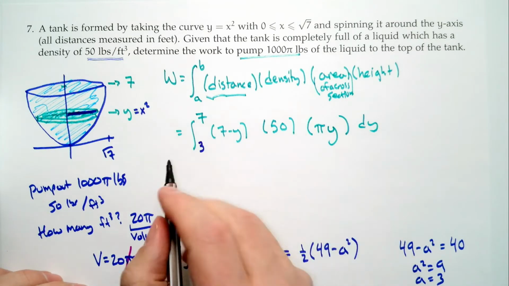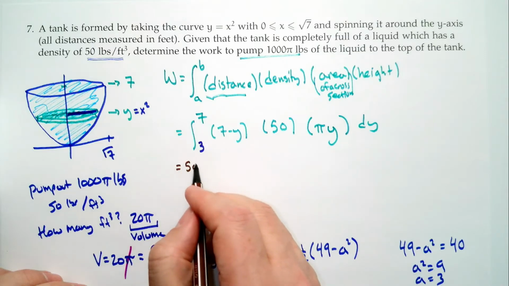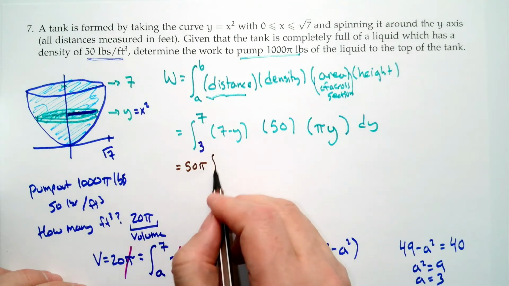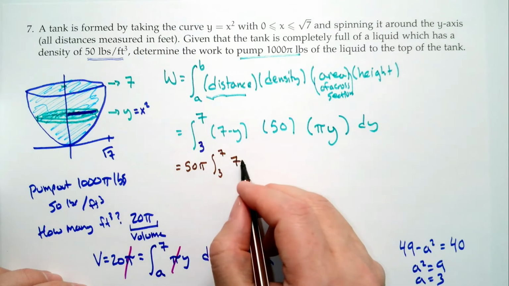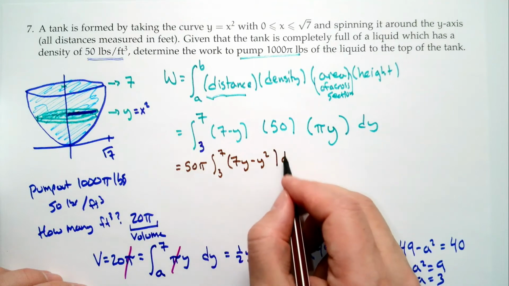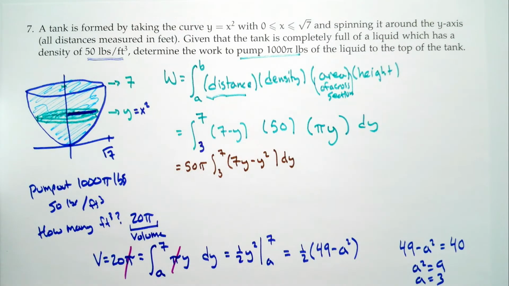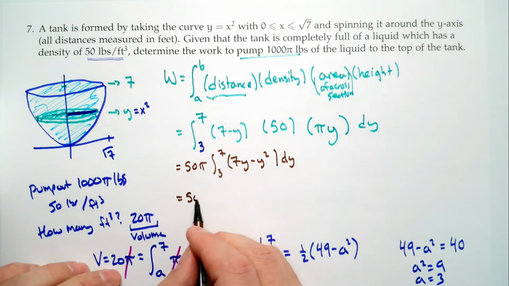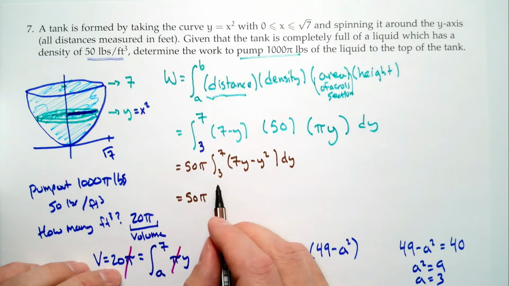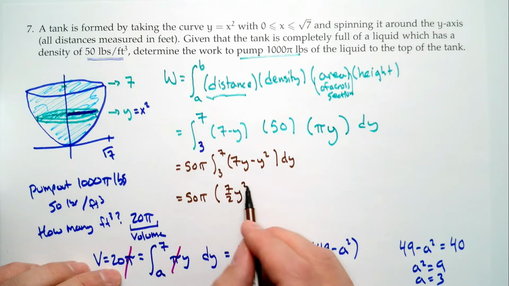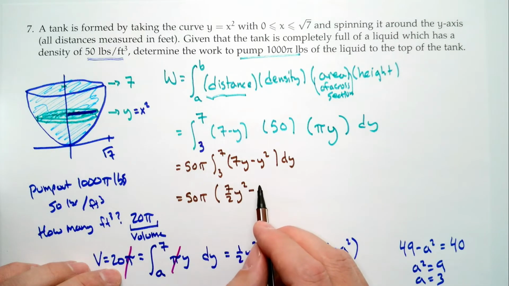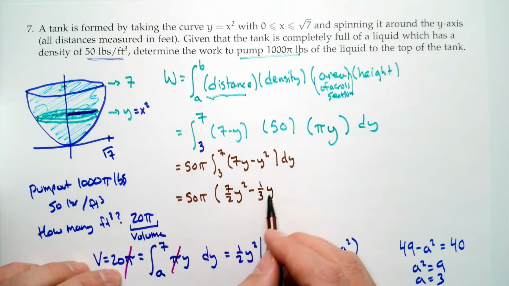We have the 50 and the pi. That's a constant. That can come out. So 50 pi, integral from 3 to 7. Then you can distribute the y through: 7y minus y squared dy. So 50 pi, and now we integrate. That'll be 7/2 y squared minus 1/3 y cubed.